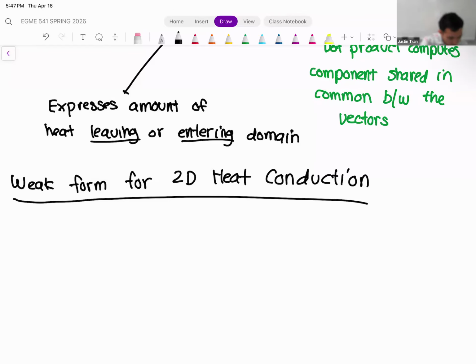Okay, so just like we did in the 1D problem, the process for deriving the weak form is exactly the same. To derive the weak form, we're going to multiply our strong form equation by a weighting function.